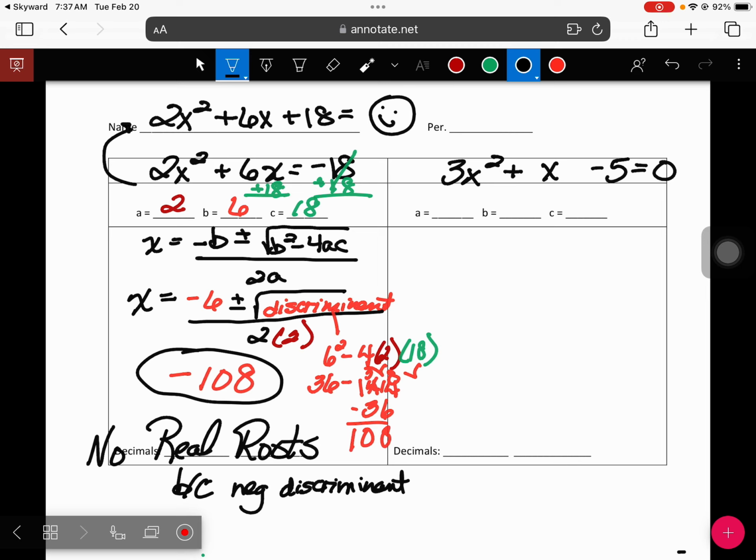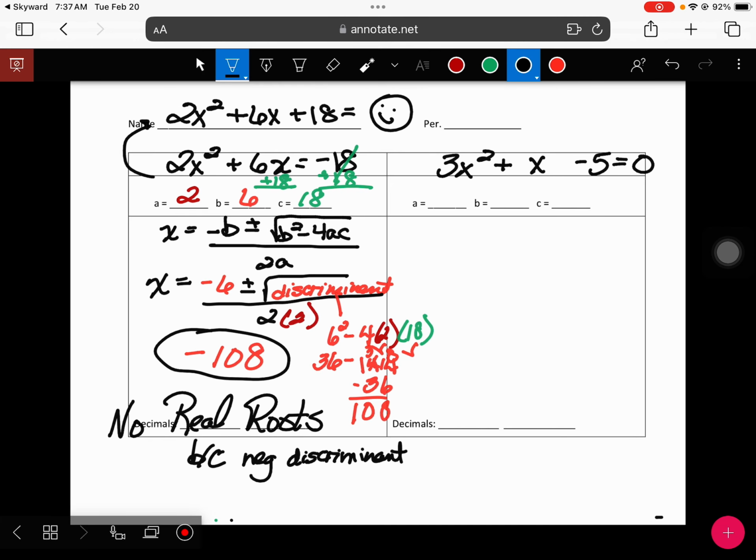Doesn't the A value determine whether it's going up or down? Yeah, so it's a positive 2. It's going to be opening up. Is it going to cross the x-axis at all? No. So it is a parabola going upward that does not cross the x-axis.